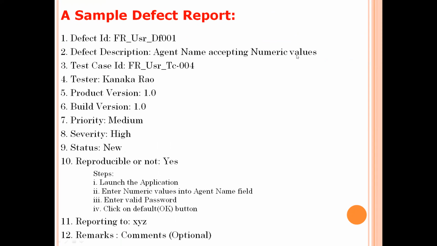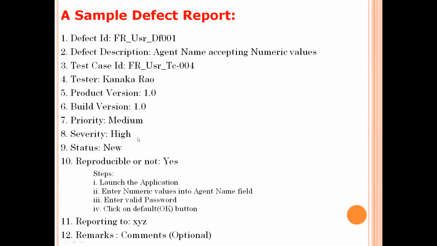It is accepting numeric values. Test case ID, flight reservation user PC004, fourth test case. Tester name Kanakarao, product version 1.0, build version 1.0, priority medium, severity high, status new, reproducible or not, yes.